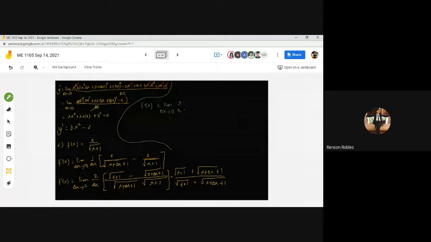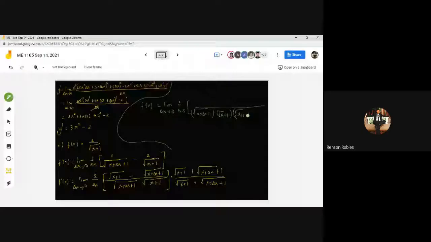And then I will just write first the denominator. Okay. So the denominator would have been the product of this, square root of x plus delta x plus 1 times the square root of x plus 1, then times ito, square root of x plus 1 plus the square root of x plus delta x plus 1.